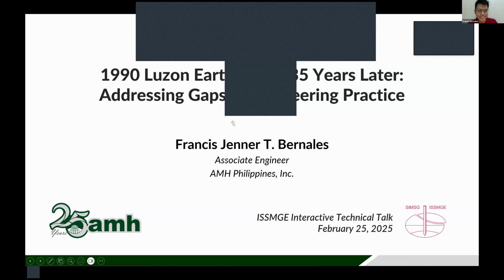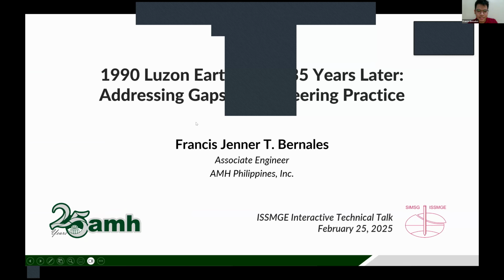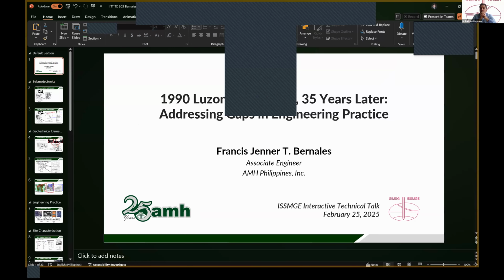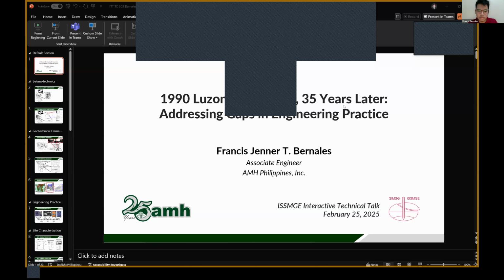Are you seeing the full screen or just the PowerPoint? Yes, now we see the full screen. We can see the full screen, but for some reason, I have small gray rectangles covering. I can see the same thing. I think it's a feature of Zoom, but it would be better to move everything away from one of the screens. Do that again. Are you seeing the full screen now?